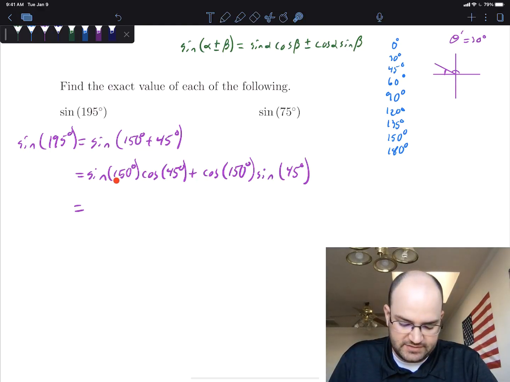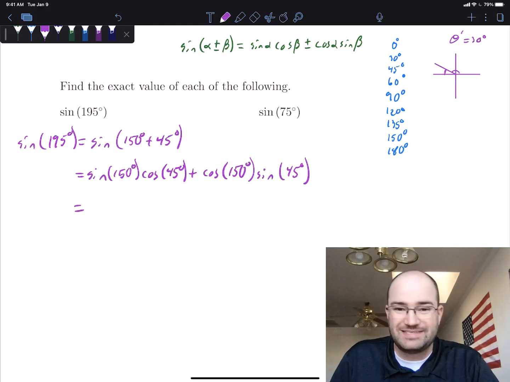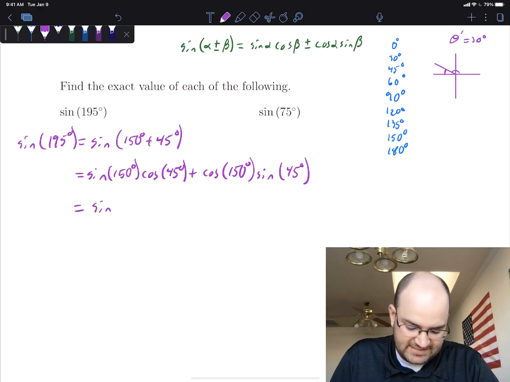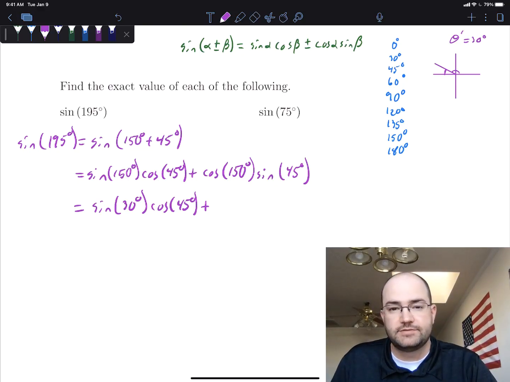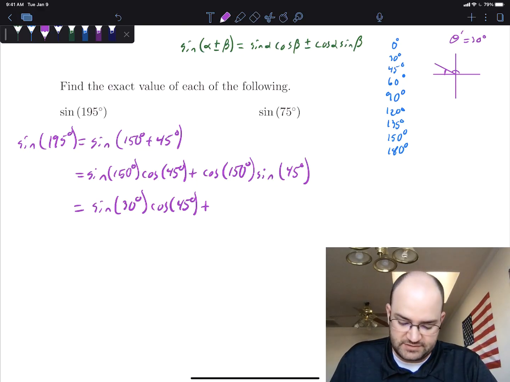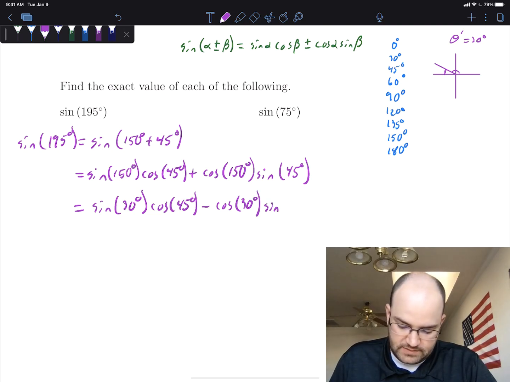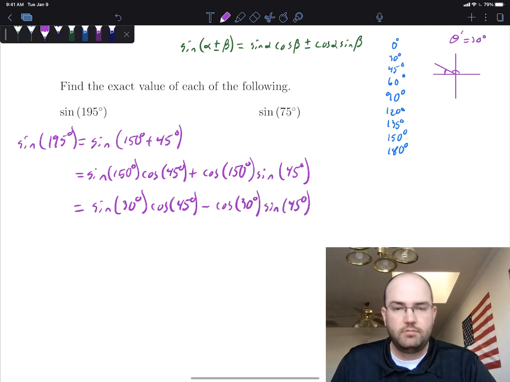So this is positive, and so that means that sine of 150 is the same thing as the sine of 30 degrees. And then cosine 45 degrees, plus now cosine of 150, cosine is in the second quadrant is negative, so that's going to make that a minus. Cosine 150 would become cosine 30 degrees. Sine of 45 degrees. Awesome.